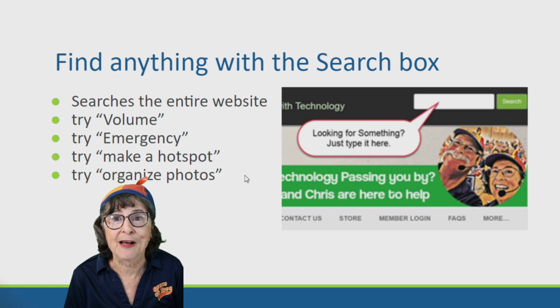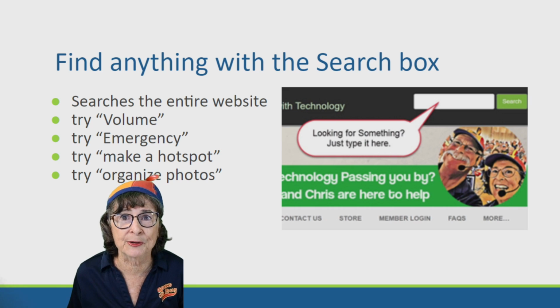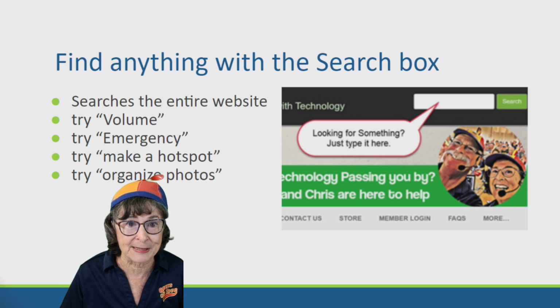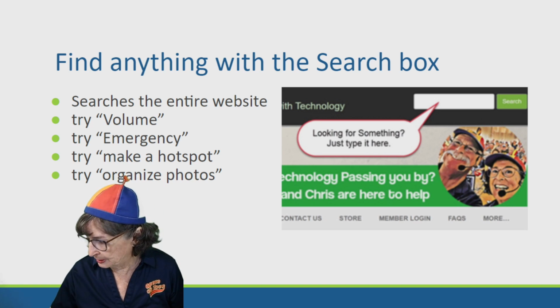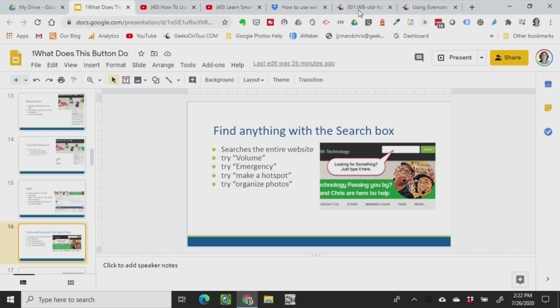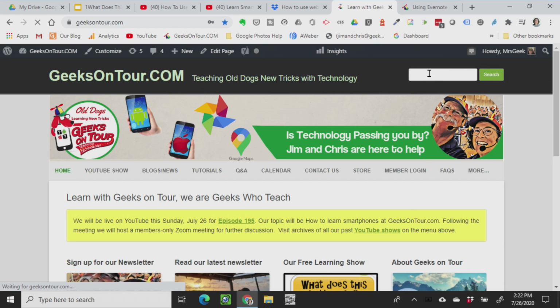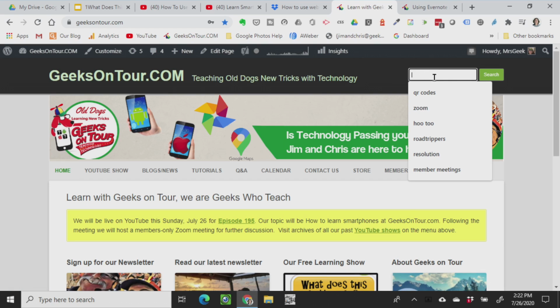Then, last but not least, is the search box. If you say, well, I don't care whether it's a video or a show or an article, I just want to see if there's anything in the Geeks On Tour website for what I want. Let me give examples here. At the top right of every web page on our website, there is a search. Let's say you're thinking about using the Road Trippers app.